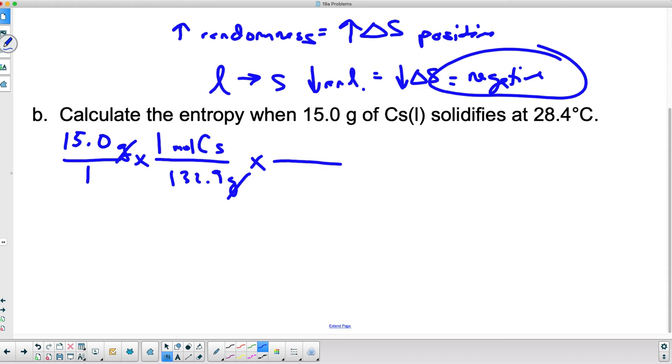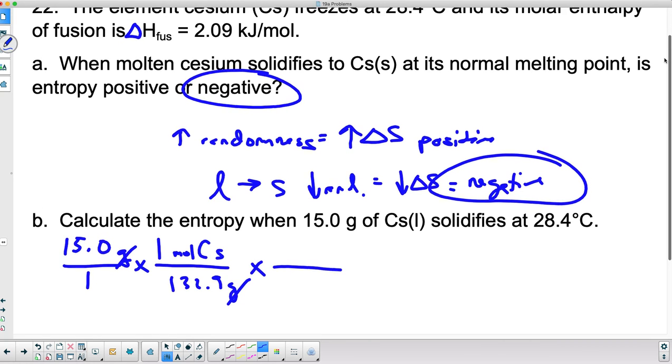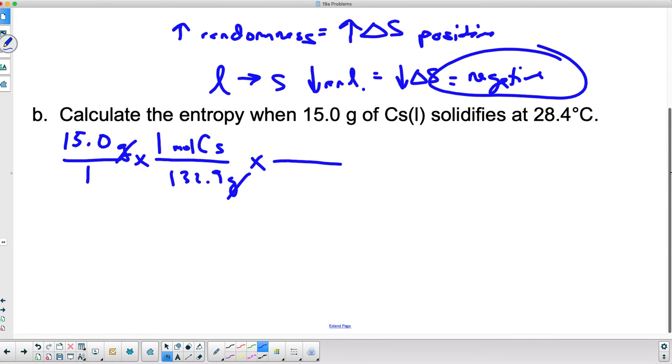I'm going to continue on. This said, I believe, there it is, 2.09 kilojoules per mole. So I'm going to put 2.09 kilojoules on top so that I have moles on the bottom, kilojoules per mole, which is what this is, so I can cancel mole and moles like this.